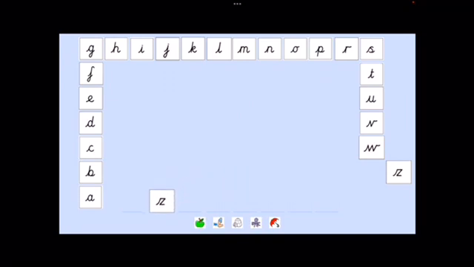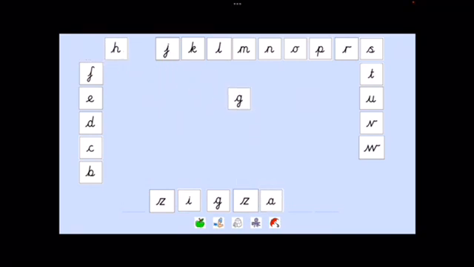Z, I, g. And then the second part, zag. Z, I need the letter Z. I need the letter A. G, I need the letter G. Zigzag. Well done.